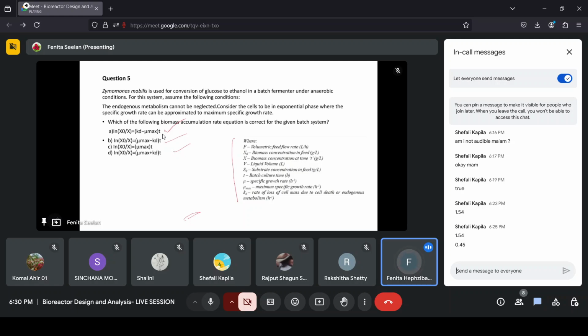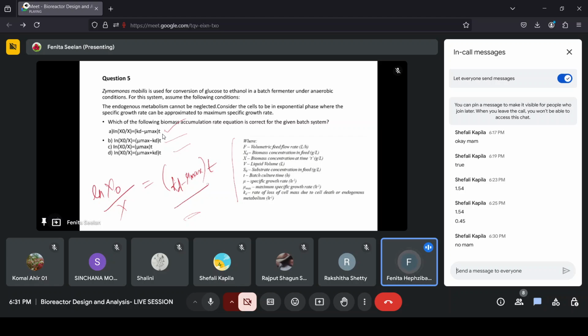So, do you guys know how to do the mass balance of the equation? We'll go to the derivation part next. The right option would be ln of x naught divided by x equals kd minus mu max into t.